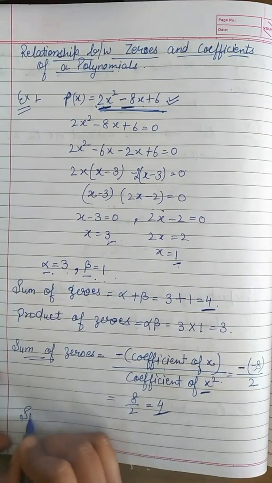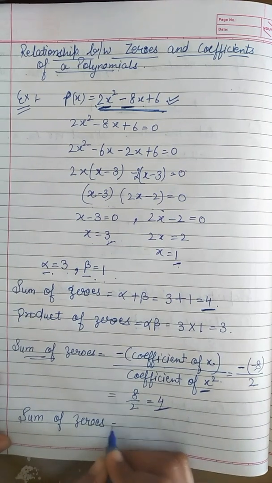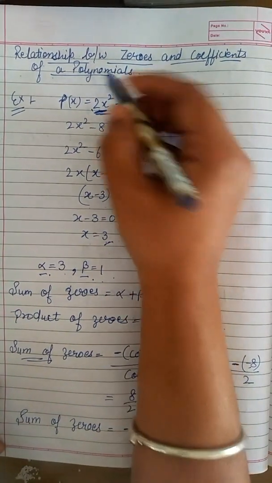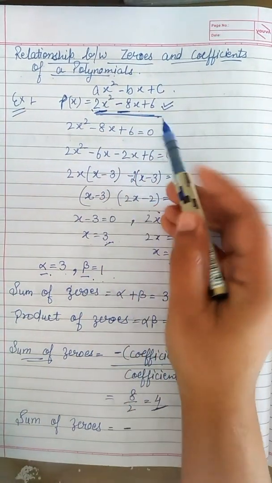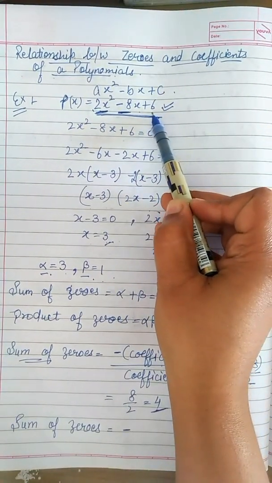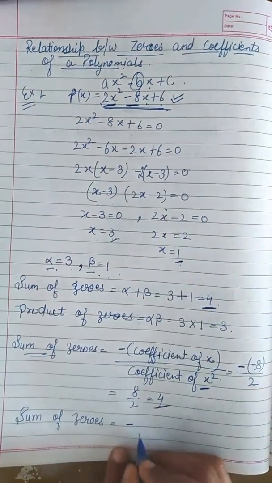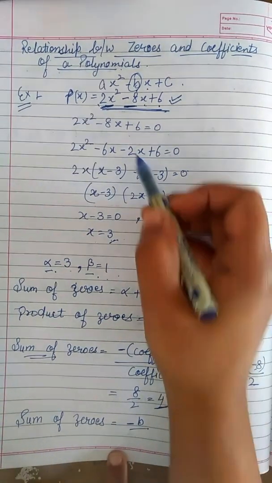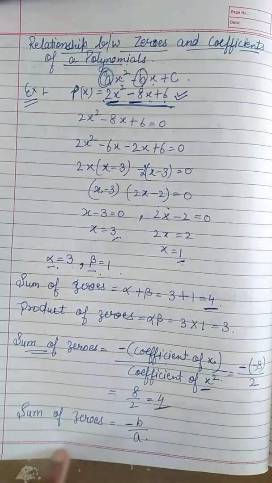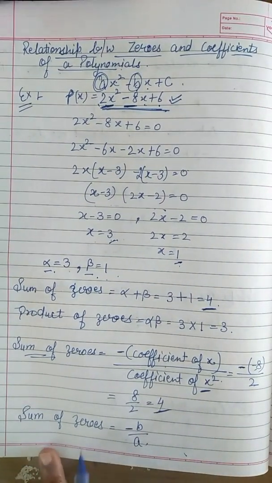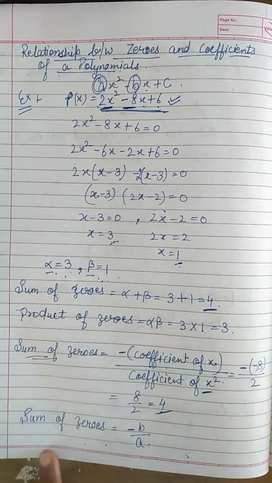So sum of zeros is equal to minus b upon a. This is the standard form of quadratic polynomial: coefficient of x is b, and coefficient of x square is a. So in this way we can find sum of zeros without finding the zeros.